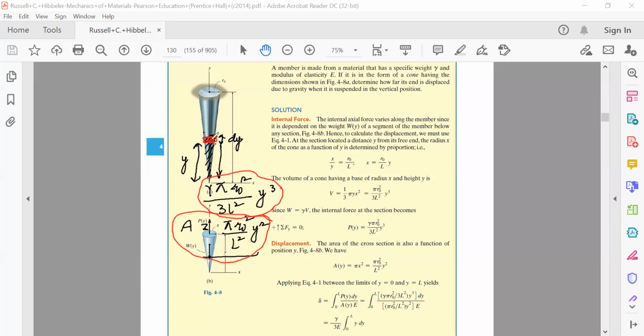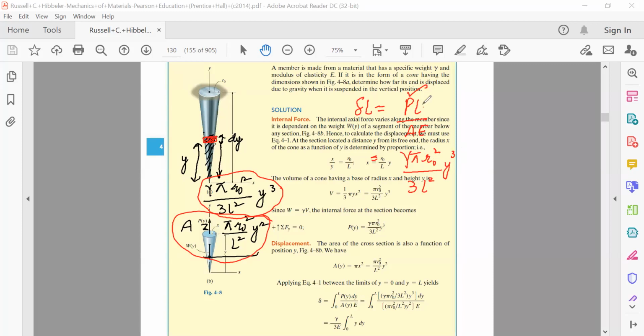Therefore, how much is the change in length? We will directly write the change in length delta L is equal to PL divided by AE. This is the formula that we already know. So for our element, how much is the load acting? The load acting is gamma pi r naught square divided by 3l square y cube.